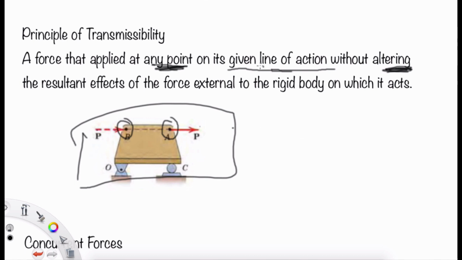But if you change the line of action, for example, if you have point A here and you move to point B here, it will give a different resultant force because they are not on the same line of action.